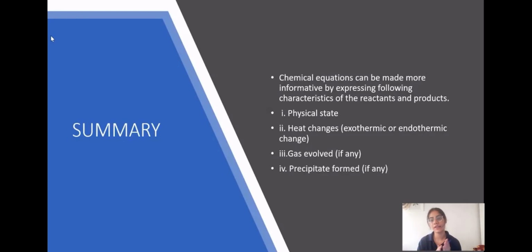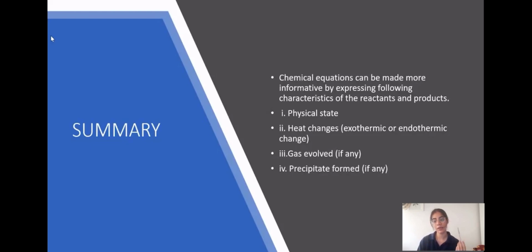If we were to express heat changes, if it's an exothermic reaction, at the end of the product you write plus Q. If it's an endothermic reaction and heat was absorbed, then you write minus Q. If there was gas evolved, if any, you write it using an upward arrow and the g symbol. If a precipitate was formed, then you use a downward arrow to represent that this compound has been formed in the form of a precipitate.